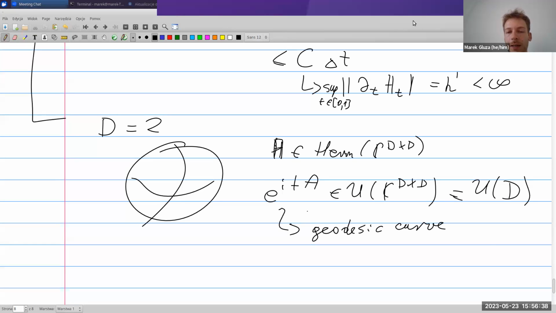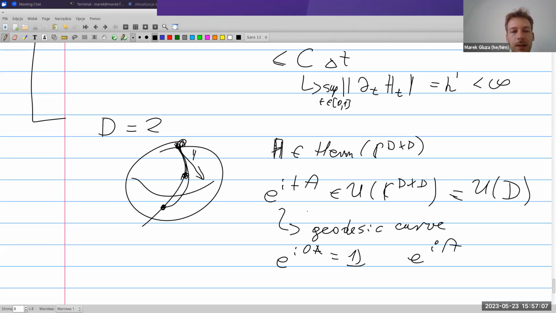Which means, given a notion of distance that I will not be defining, it's the shortest curve, the shortest continuous function, starting at I0a, which is the identity. So starting from the North Pole and reaching e to IA, which is maybe some unitary somewhere here, depending on what A is.